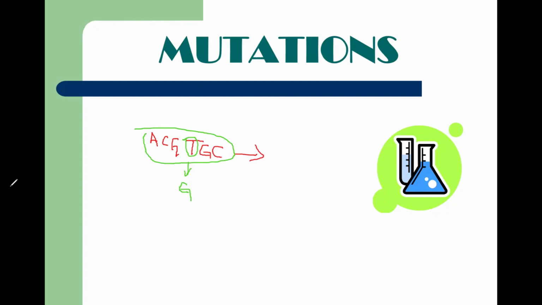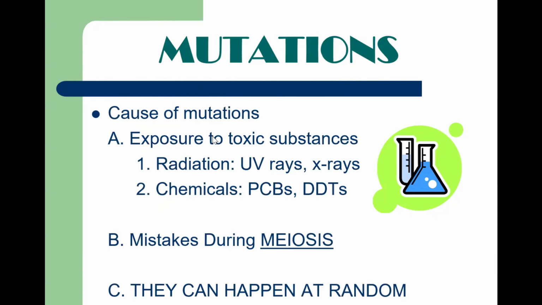So now let's look at the causes of mutation. What causes the change in these nucleotides? The causes of mutation include exposure to toxic substances. When you are exposed to toxic substances, it can lead to a change in a nucleotide.